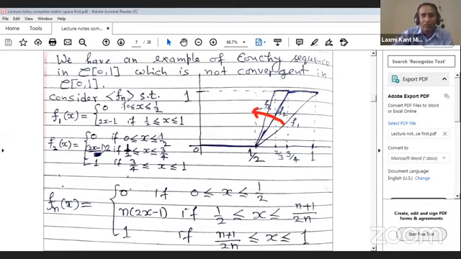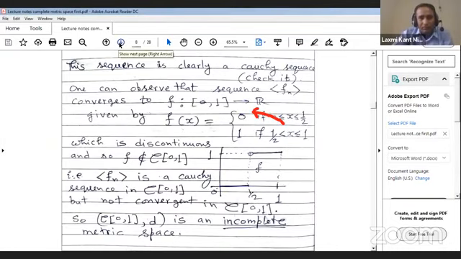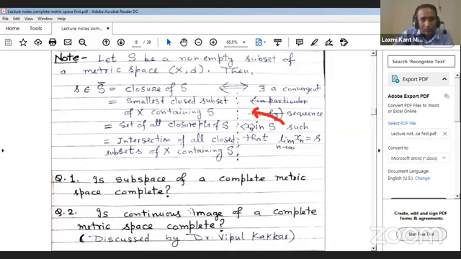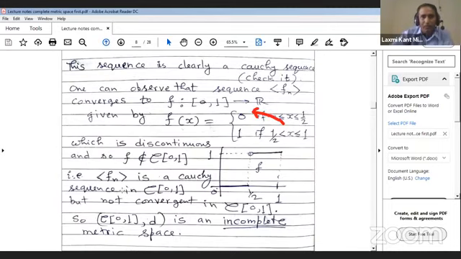It converges to f(x), where f(x) is 0 from 0 to half, and after that it is 1.